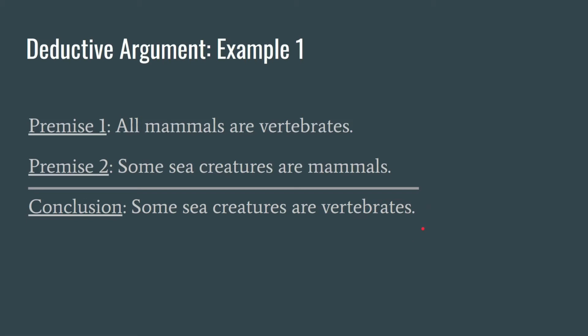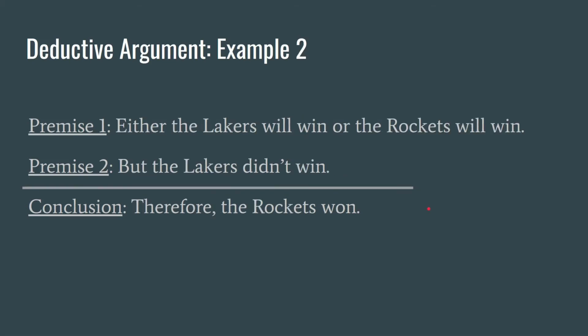That's how deductive arguments work. They preserve truth in the premises. They lay out ways of transforming sentences such that if you start with true sentences, you'll end up with necessarily true sentences.